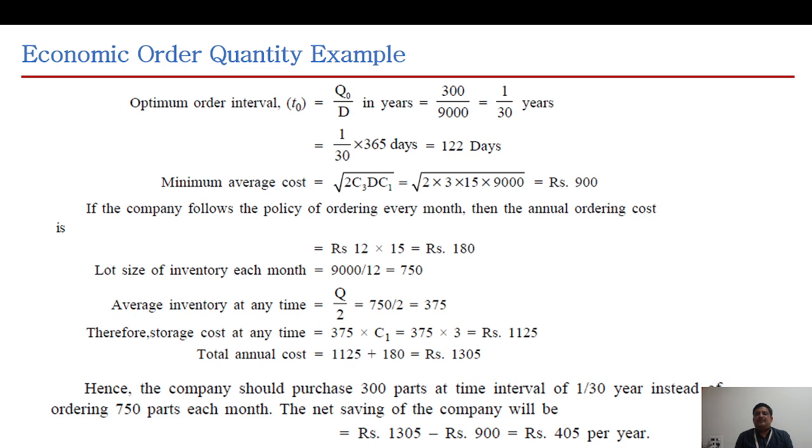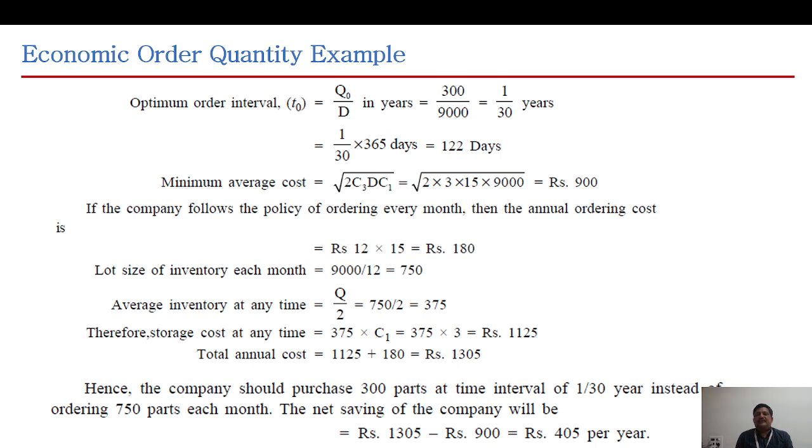If the company follows the policy of ordering every month, then the annual ordering cost is Rs 12 into 15, which is equal to 180. The lot size of inventory each month is 9,000 divided by 12, so it is equal to 750. The average inventory at any time is Q divided by 2, so it is equal to 375.